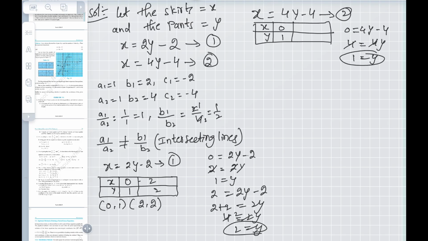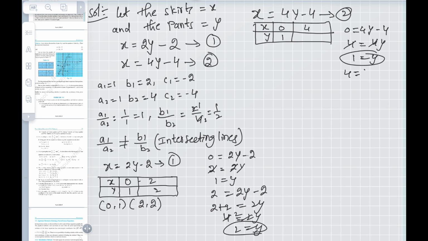Next, I take an x value that avoids getting decimals. If I take x value 1, then 4 minus 4 will come this side, so 1 plus 4 is 5. If you take 2, 2 plus 4 is 6. 3, 3 plus 4 is 7. So 4 I will take. Then 4 plus 4 is 8, okay, it is easy to cancel.